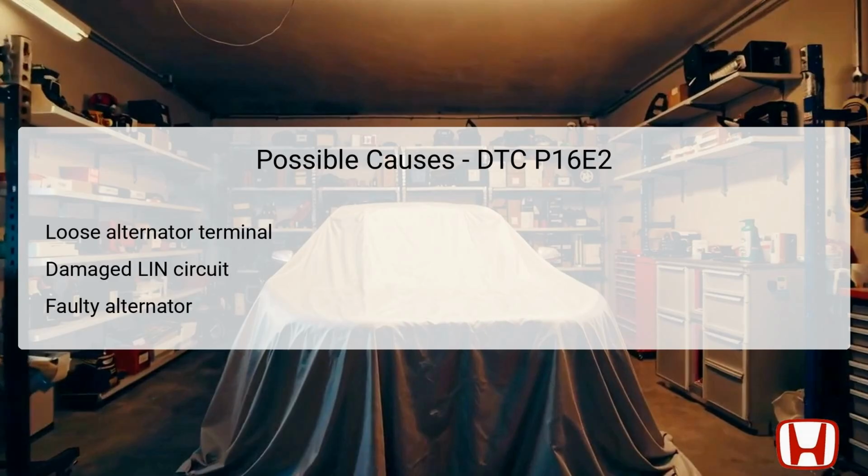Additionally, a faulty alternator could cause the symptoms associated with DTC P16E2, leading to inadequate signal output. Identifying these problems requires thorough circuit inspection and possibly examining related components that may not be functioning effectively.